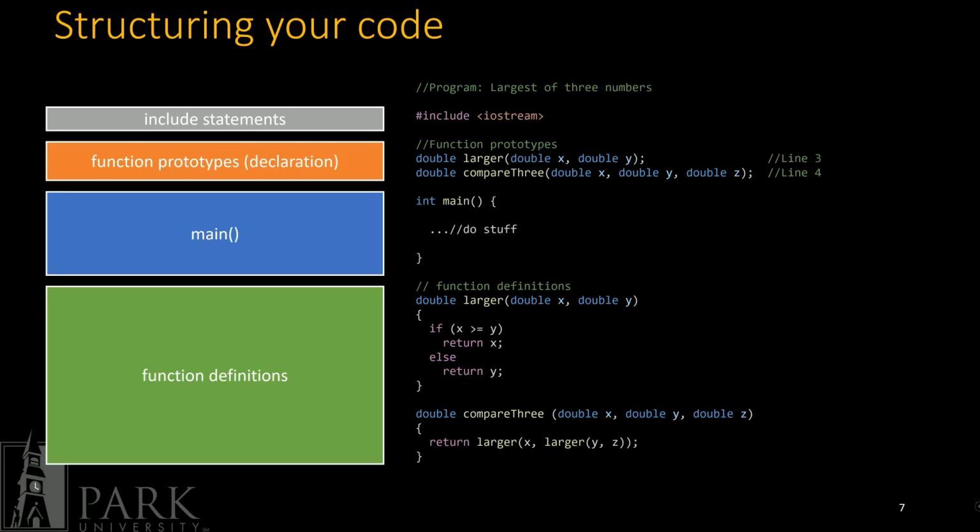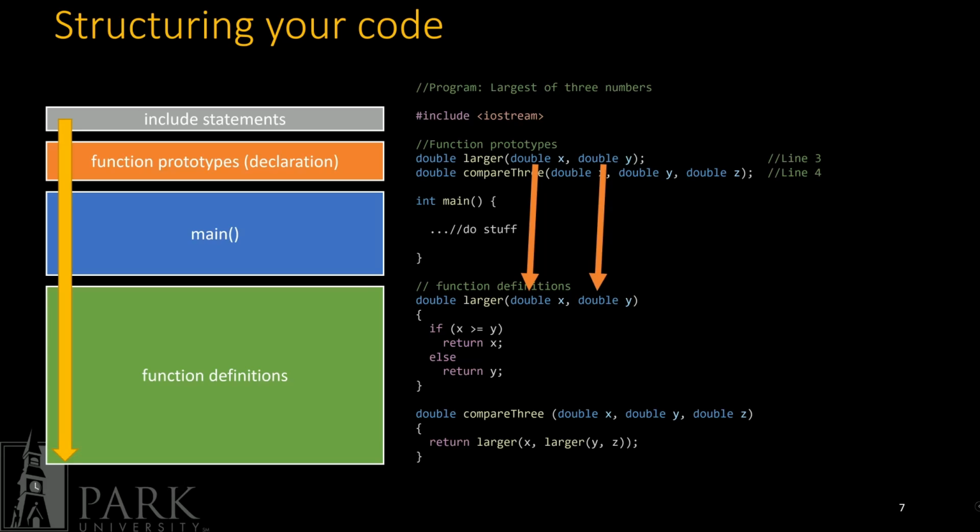So you might be asking yourself, this seems like a duplication of effort. Why do we need function prototypes? Well, the compiler compiles our source code file sequentially from top to bottom. When it encounters a function call, the compiler needs to know that there exists such a function with matching number and types of parameters and the return type. Otherwise, the compilation would fail.